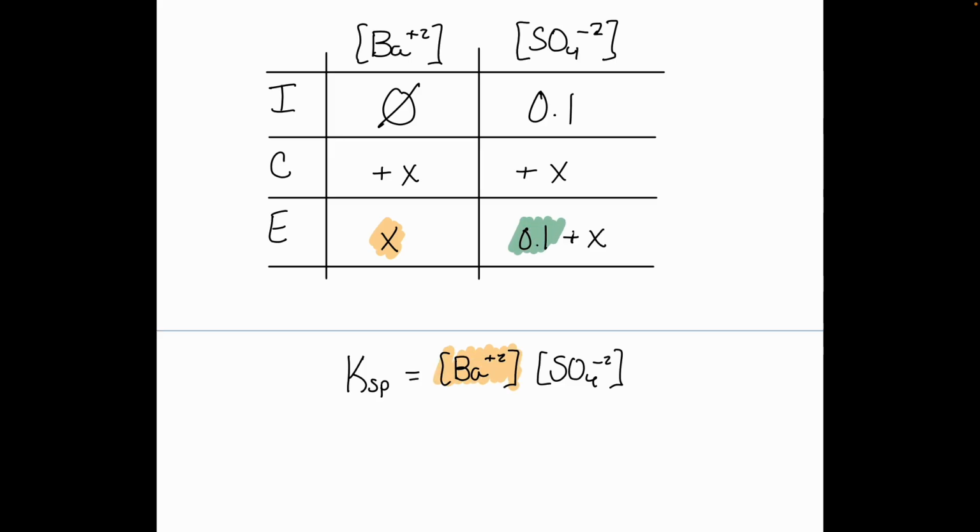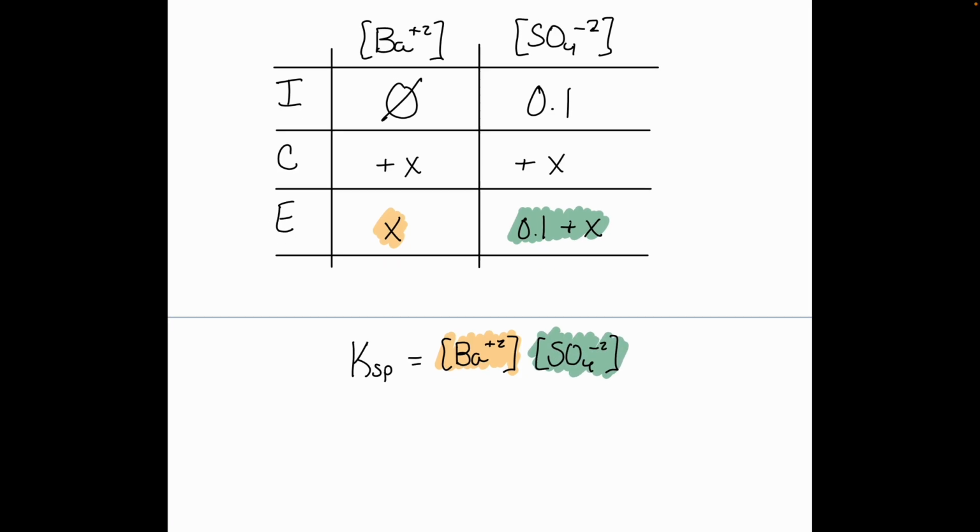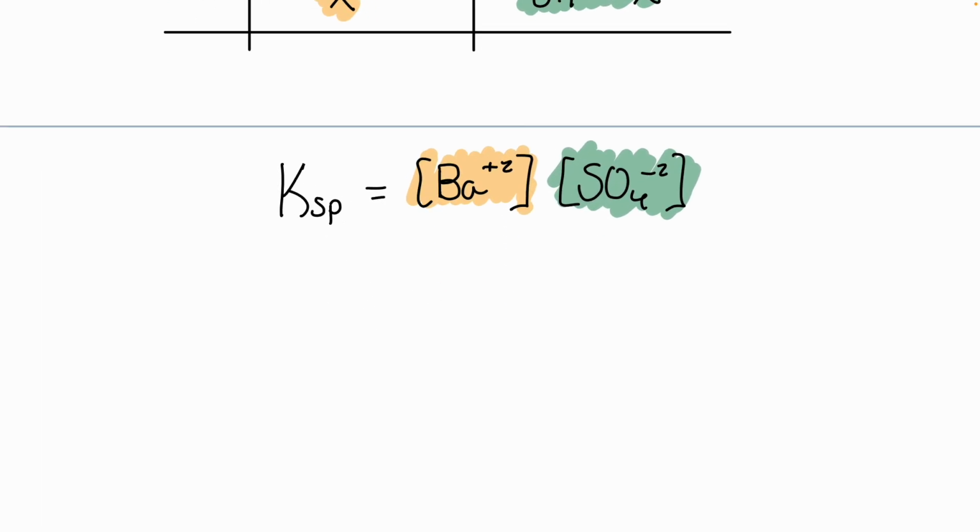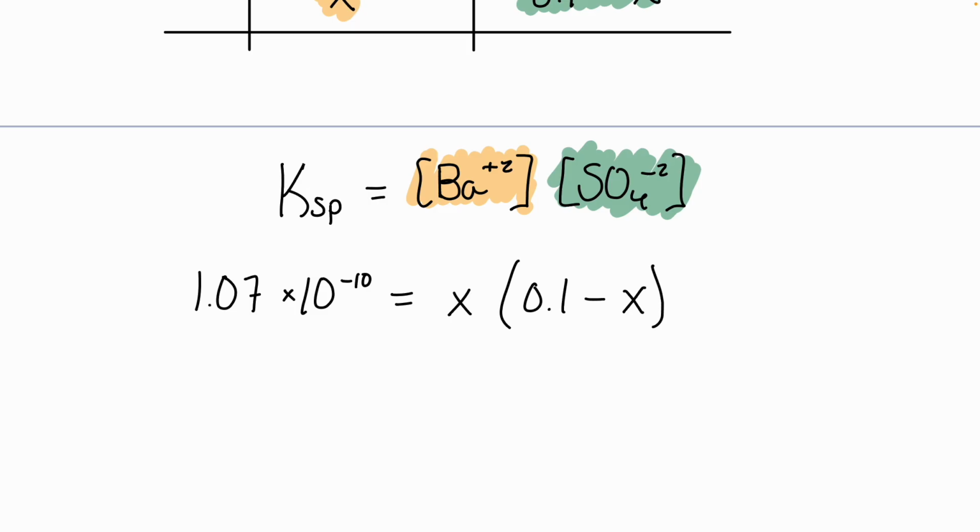Equilibrium box for sulfate, plug it in here. And again, KSP we'd looked up, 1.07 times 10 to the negative 10 equals x times 0.1 plus x.